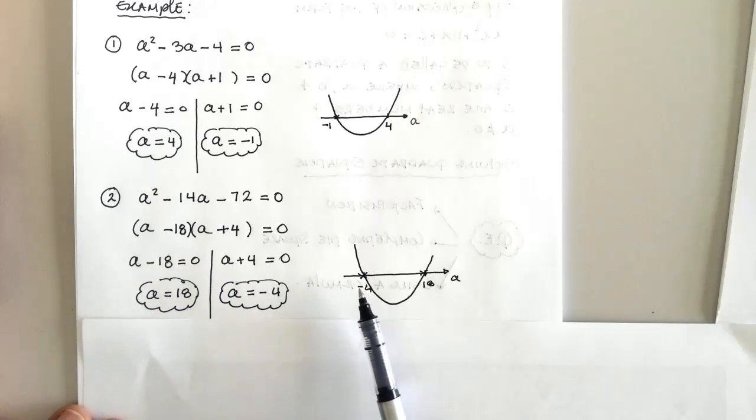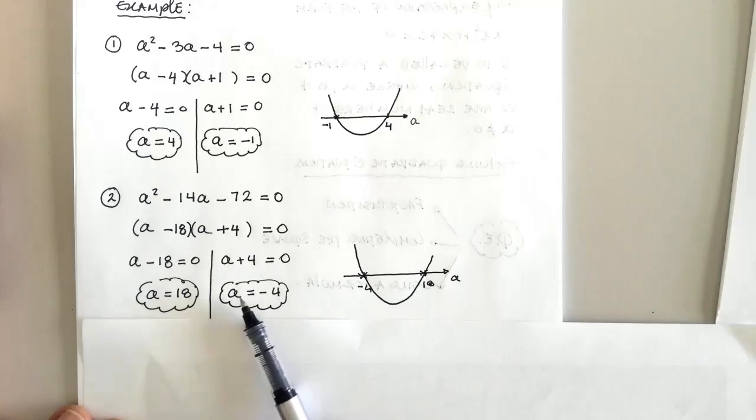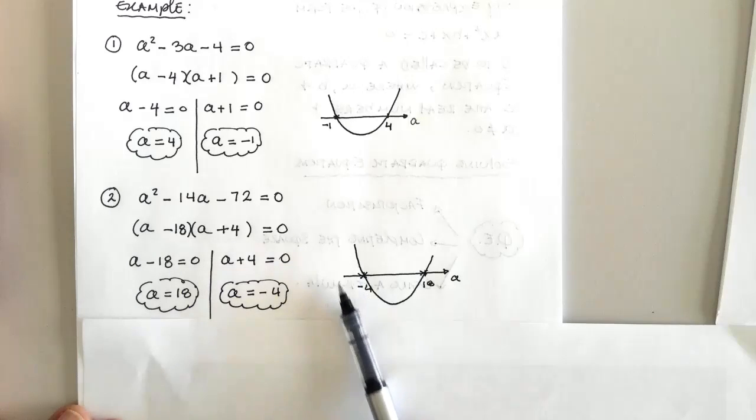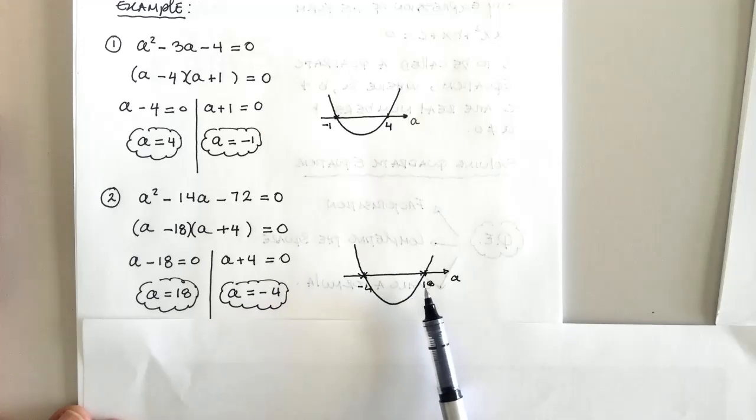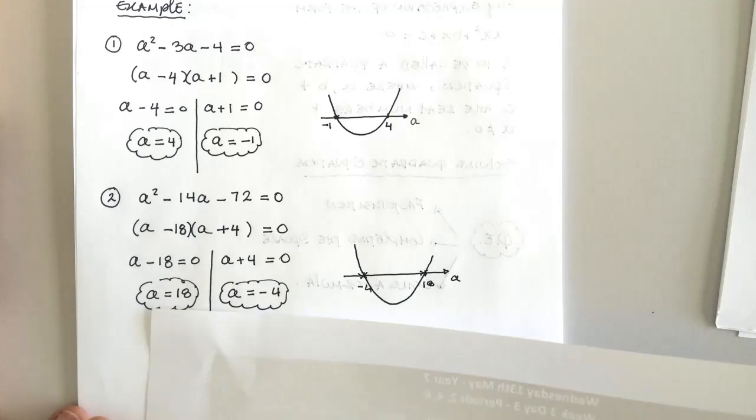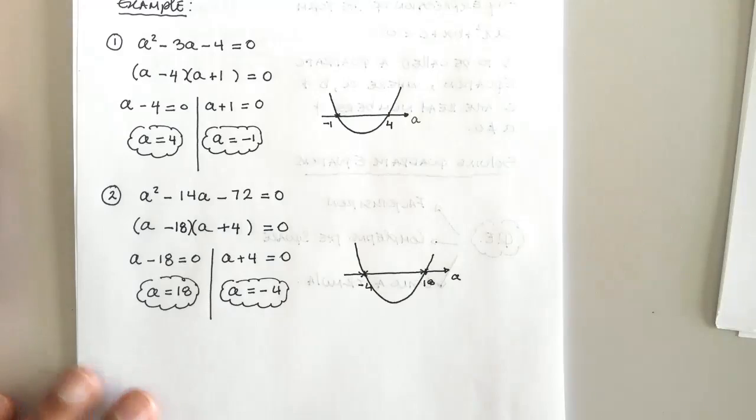Like I said before, this is telling you that you are dealing with a parabola that crosses the x or the a-axis in this case at -4 and 18. We are going to continue with this on another page.